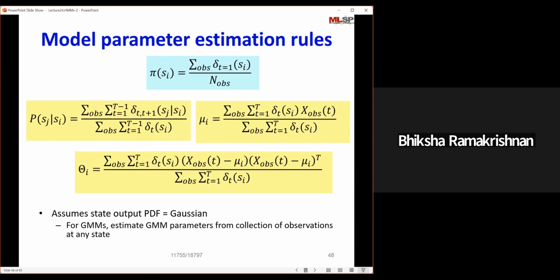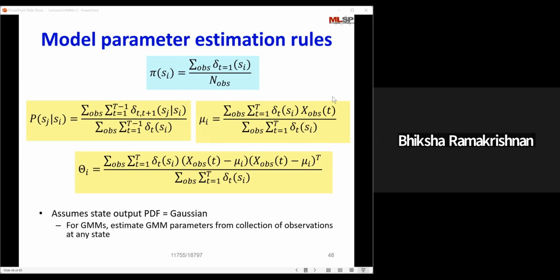It's the number of times you're transitioning from state Si to state Sj, right? Also, yes, for non-terminal states.